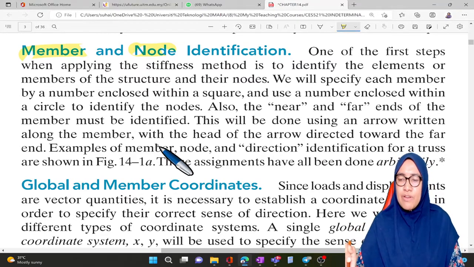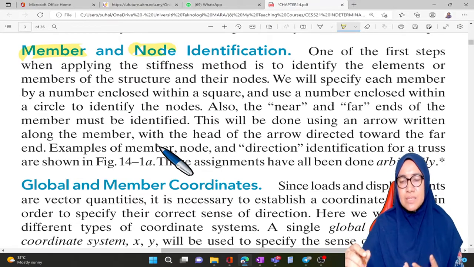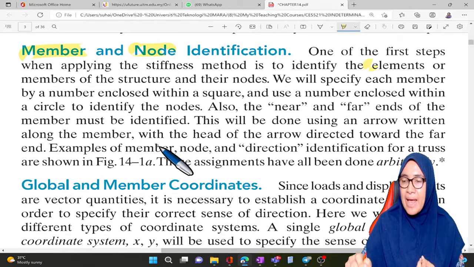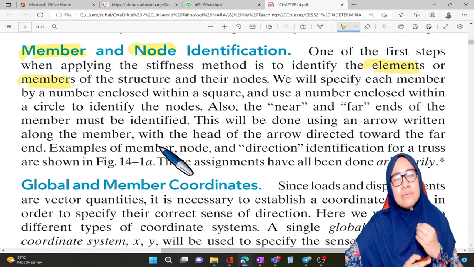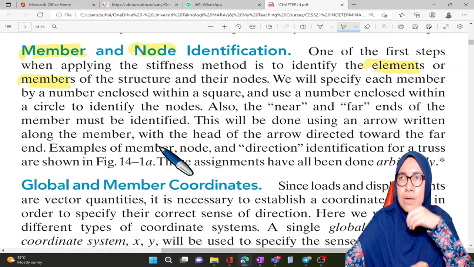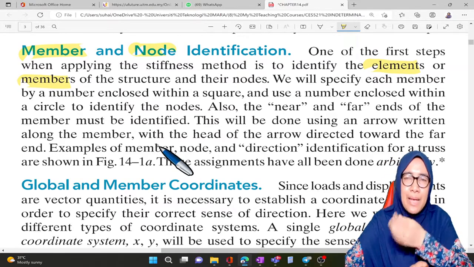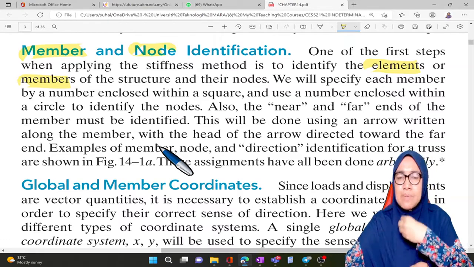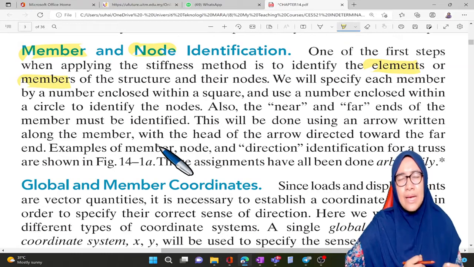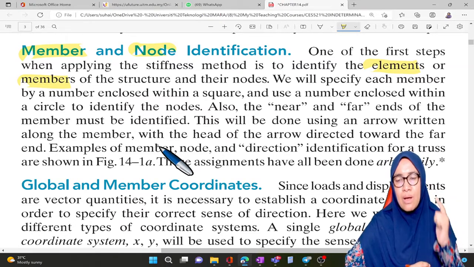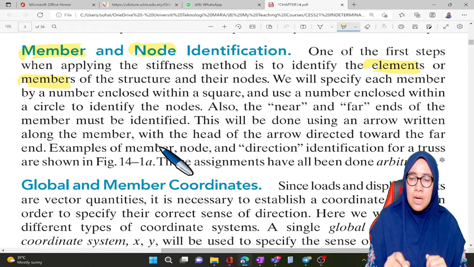So one of the first steps when applying the stiffness method is to identify elements or members. When we use member, normally we use member AB, member BC, member CD. Remember, in software we use the term element, and we call them element 1, element 2, element 3, and so on, of the structure and their nodes.